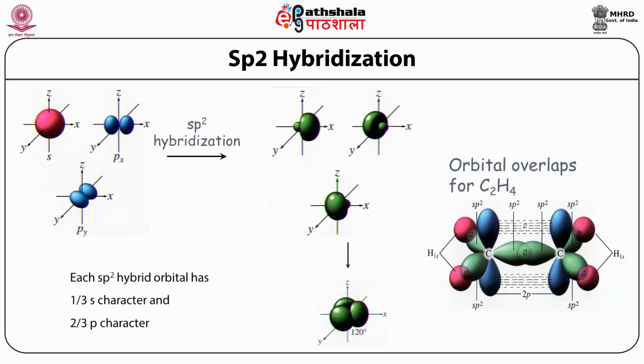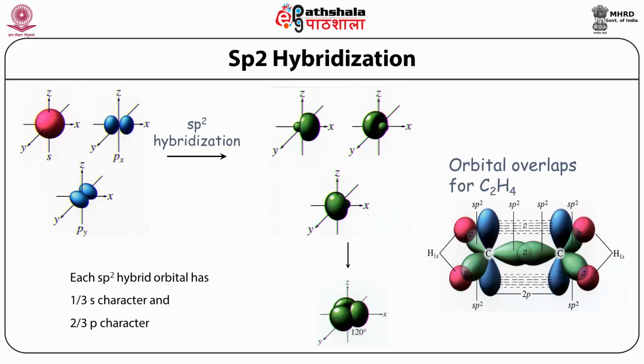So as you can see in this figure, we have a 1s orbital, 2px and 2py orbital, and after Sp2 hybridization they get elongated along a certain direction, and all these are joined together and inclined at an angle of 120 degrees.